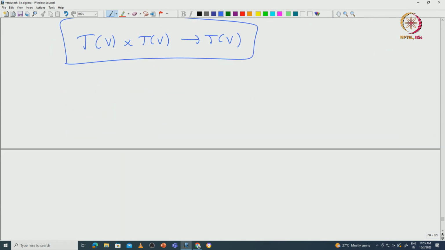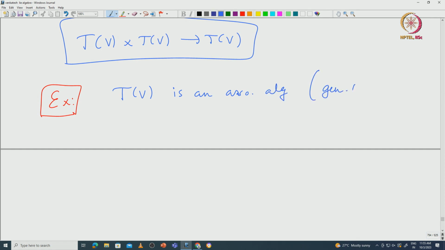If you have not seen this tensor algebra, I urge you to go back and check all the details. This is not something I am doing in this course.